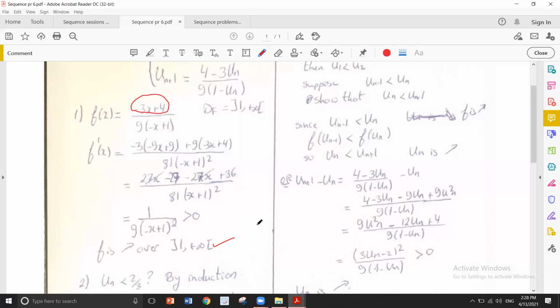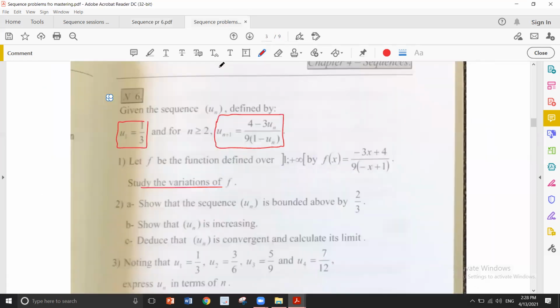Part 2. Show that this sequence un is bounded above by 2 over 3. What's meant by bounded above by 2 over 3? Un is bounded above by 2 over 3. How to prove this one?